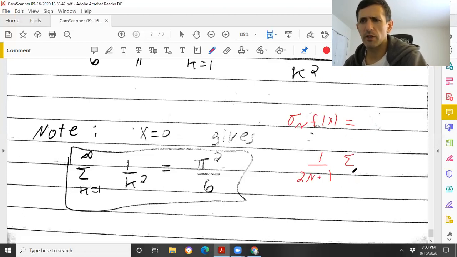Sorry, I don't want to use K. Actually, I will use N. Sorry about this. Should probably think about what variables I'm going to use before I start writing. But anyway.